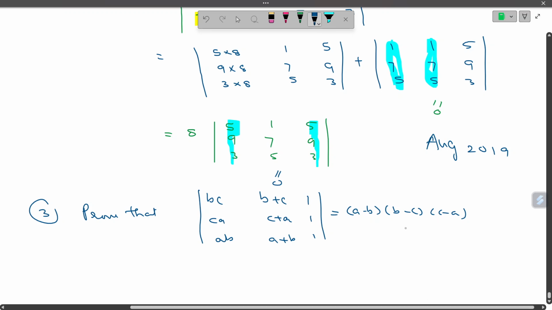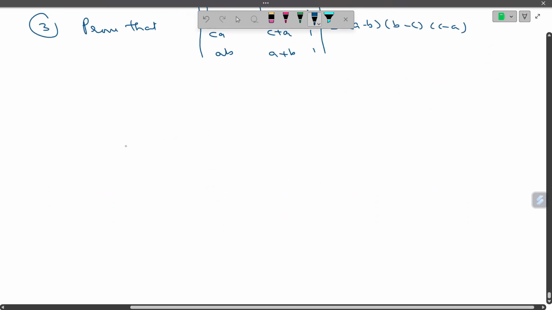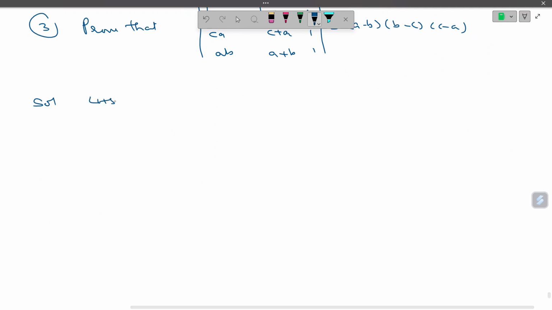So see here, I am writing the left hand side. What is the left hand side? BC, CA, AB; B plus C, C plus A, A plus B; 1, 1, 1.